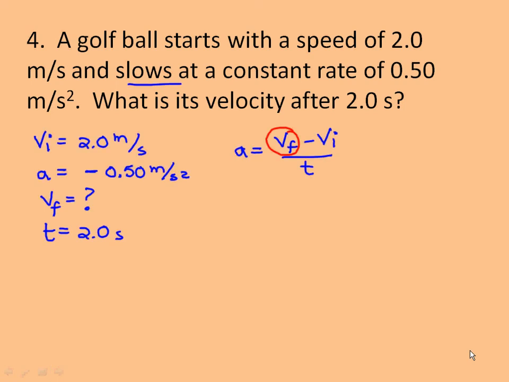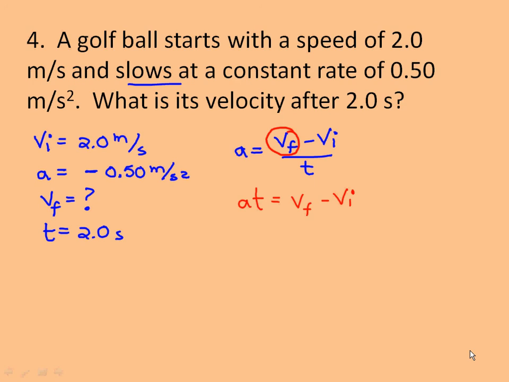We have AT equals VF minus VI. So I got that by multiplying both sides by T. So you have acceleration times time equals VF minus VI. We want VF by itself, so I'm going to add initial velocity to both sides.